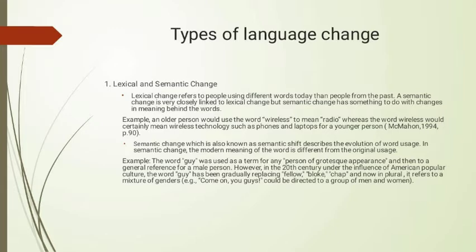For example, an older person would use the word wireless to mean radio, whereas the word wireless would certainly mean wireless technology such as phones and laptops for a younger person. And semantic change, which is also known as semantic shift, describes the evolution of word usage. In semantic change, the modern meaning of the word is different from the original usage.